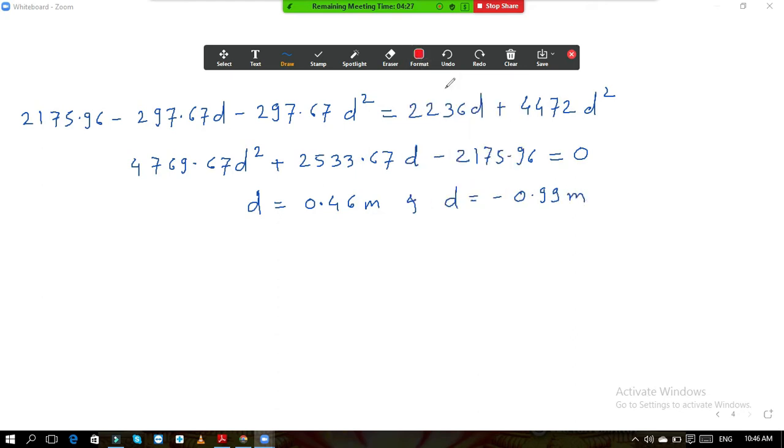Okay. Please check these values. Are you getting the same answer? I have solved it on the calculator and I have got this value.